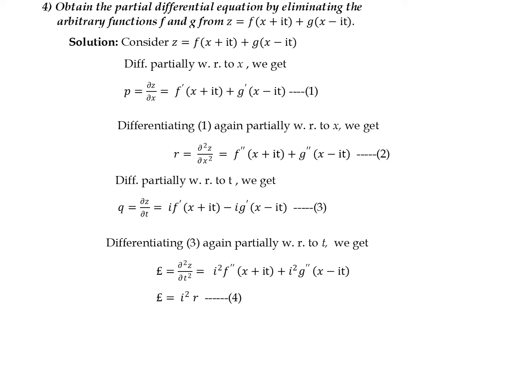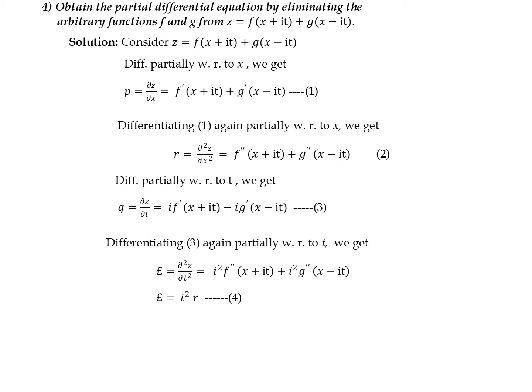So that's why I have used a different script t here, which is equal to, the first term is i into f dash. So when we differentiate, what we get? f dash when we differentiate, f double dash into that x plus it when we differentiate, we will get i. So already one i was there. So now we will get i squared.